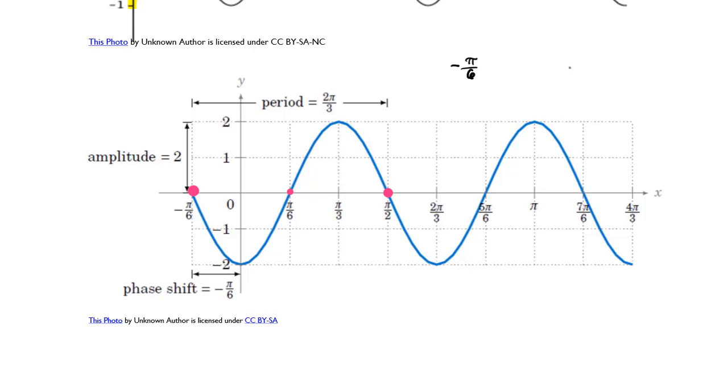And we know that one period is an interval of 2 pi over 3 long, but we could also write this as negative pi over 6 to pi over 2. And we can put x in between. And now we need to set the left side equal to 0.